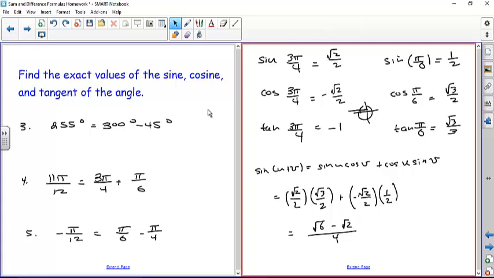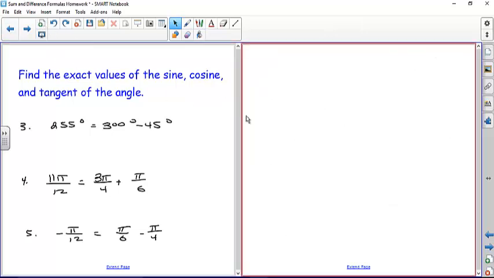Okay. The last one for this section is, again, a subtraction problem. And, you know, where is this angle going to be? Well, negative pi over 12 is going to be about right here, because you've got negative pi over 6, negative pi over 4.